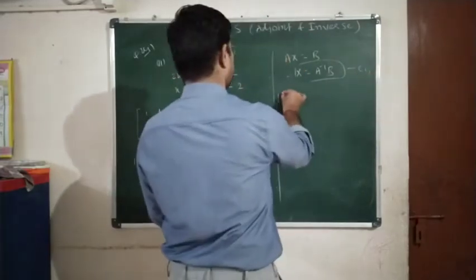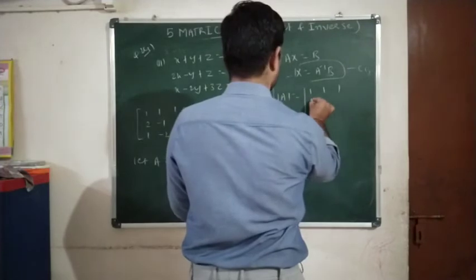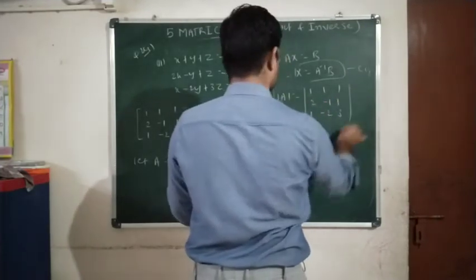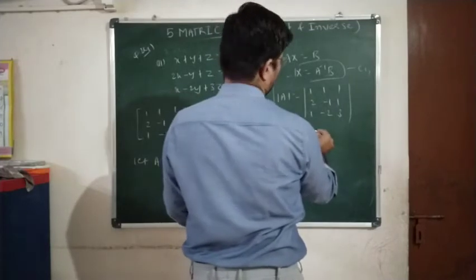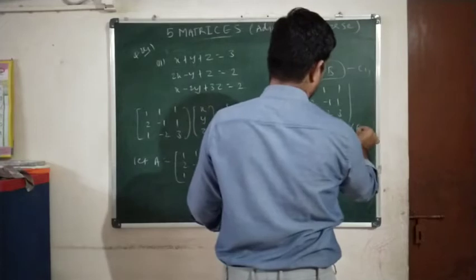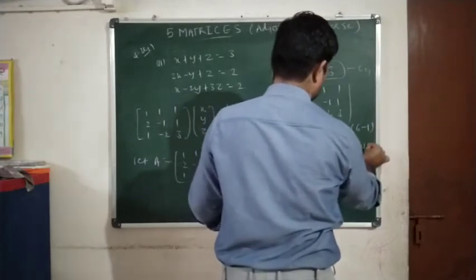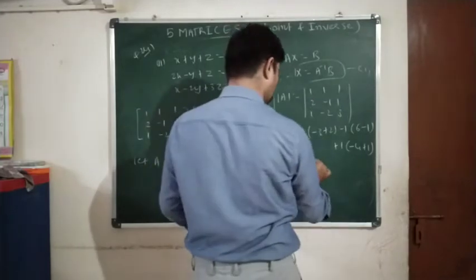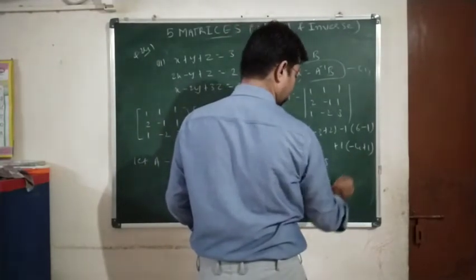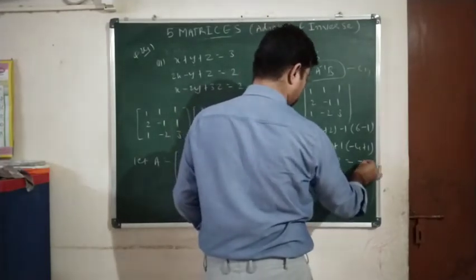Now the determinant of A, with rows 1, 1, 1, 2, -1, 1, 1, -2, 3: 1 times (-3 plus 2), minus 1 times (6 minus 1), plus 1 times (-4 plus 1), which is minus 1, minus 5, minus 3, minus 9.